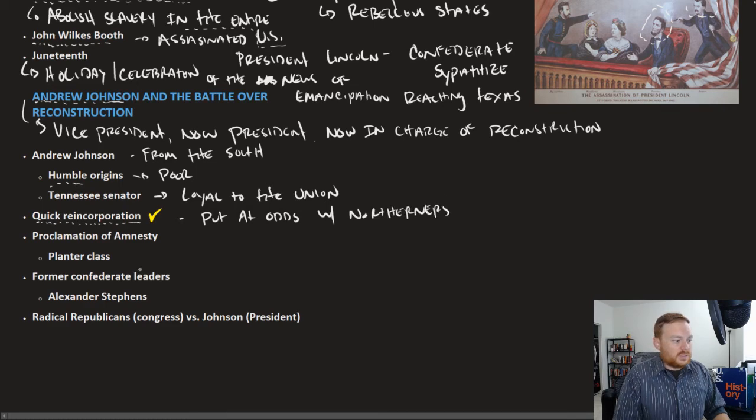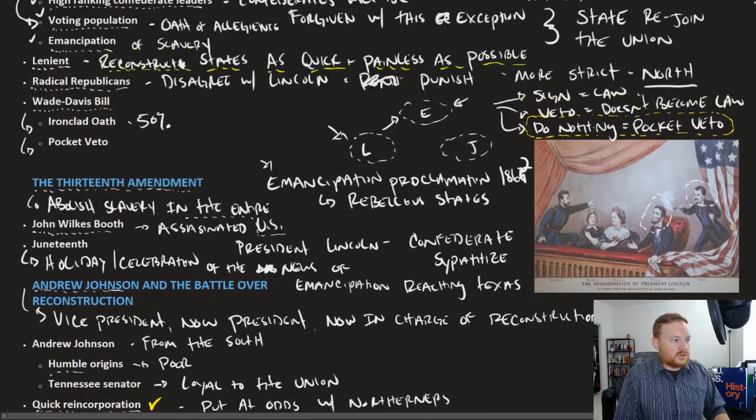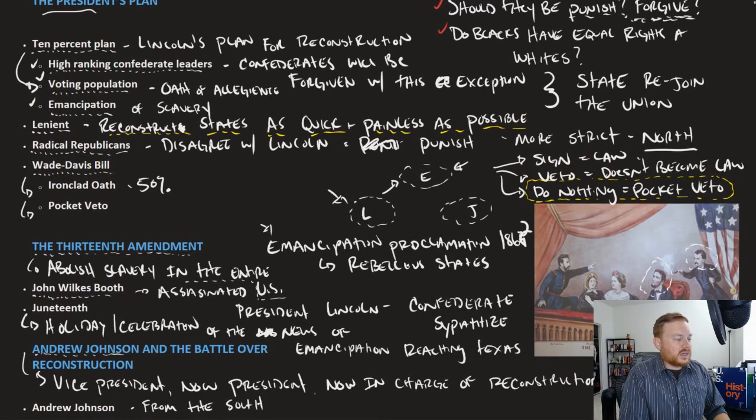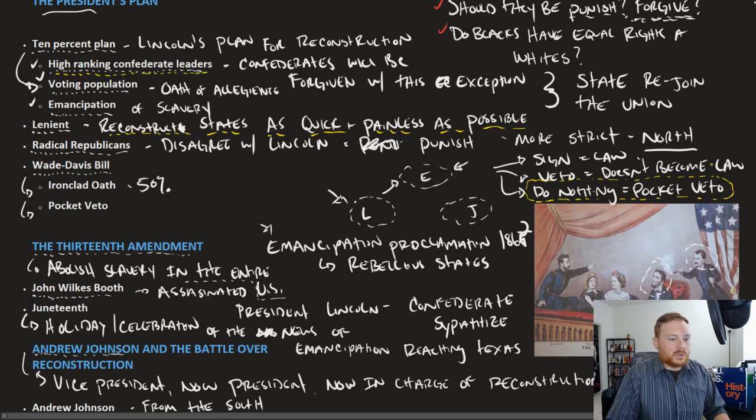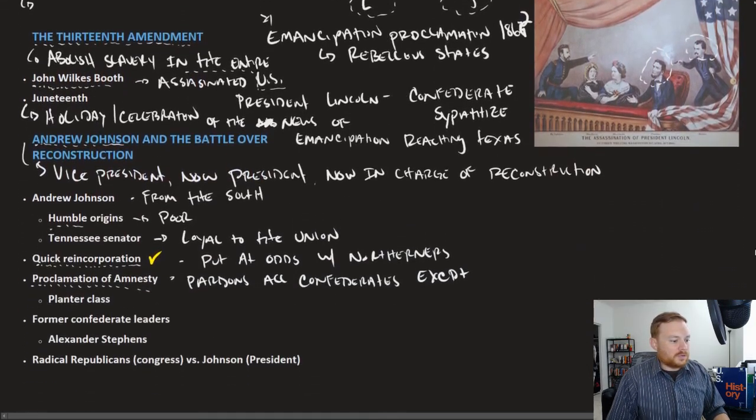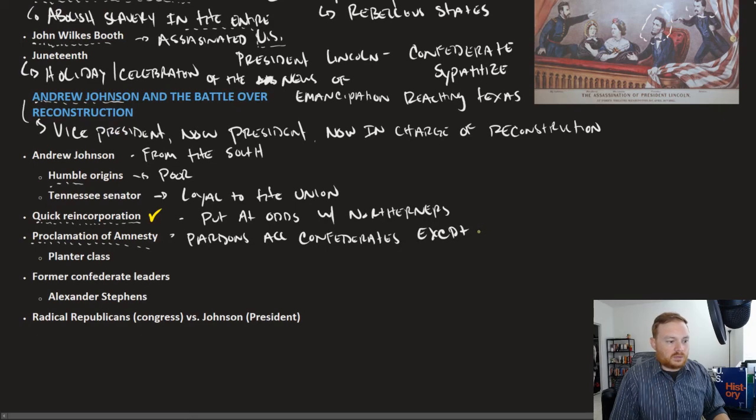He issues a proclamation of amnesty, which pardons all Confederates except, right, and this is the same thing essentially that Lincoln had, except high-ranking Confederate leaders, right? So if you were instrumental in the Confederate rebellion against the United States, so we'll say except Confederate leaders.